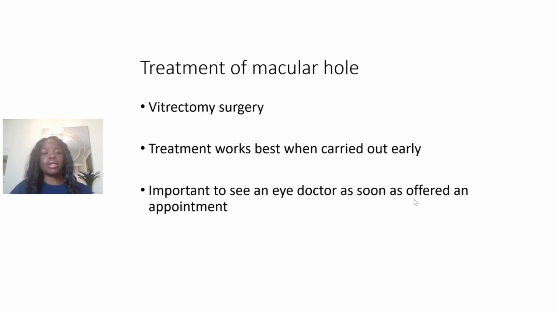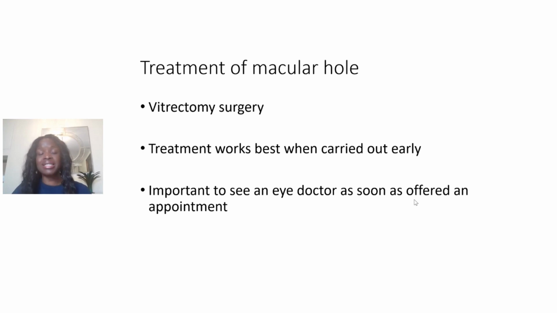And how do we treat macular holes? Well, the treatment is a vitrectomy surgery, and surgery can sound very scary, but vitrectomy for macular hole is quite an established surgery and safe, and now often done under local anesthetic. A vitrectomy is a type of surgery where the doctor removes the jelly-like fluid at the back of the eye and any tissue on the surface of the macula and injects a gas bubble into the back of the eye.